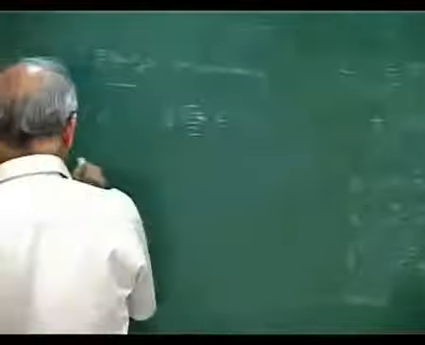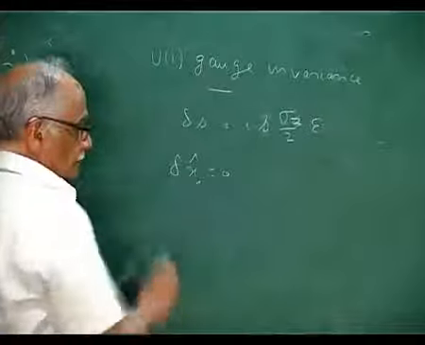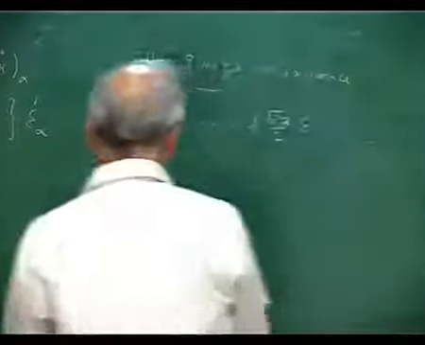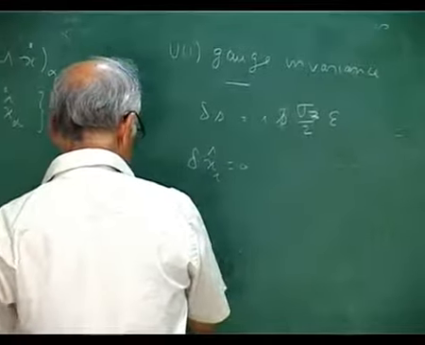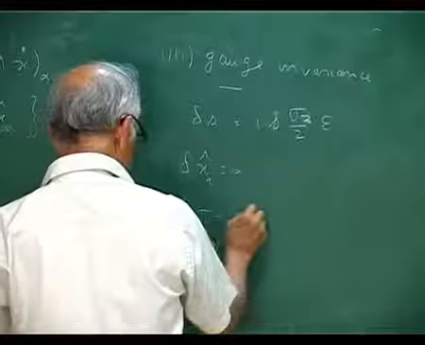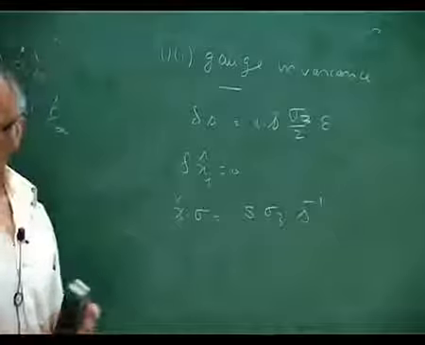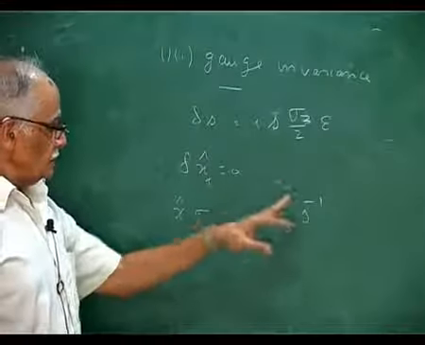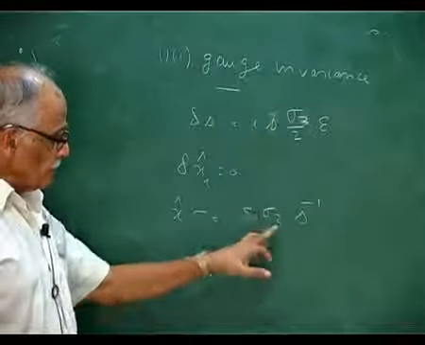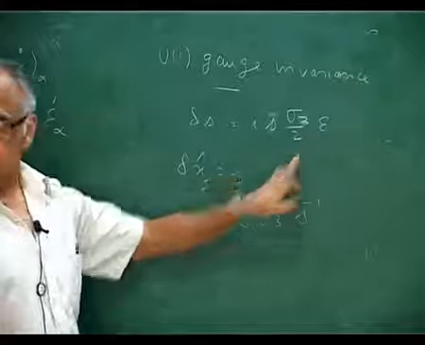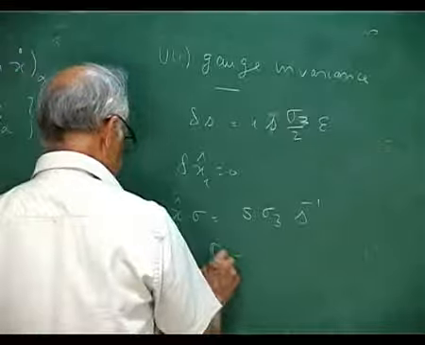The delta x will be 0, because x hat was the conjugate; you remember that x hat dot sigma was S sigma 3 S inverse. If I vary this on this side, you will get a commutator of this sigma 3 with sigma 3, which is 0 in the middle. This is an infinitesimal variation. So this implies delta x hat is 0.